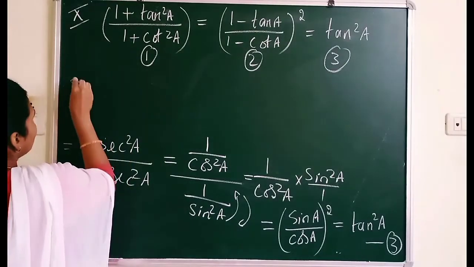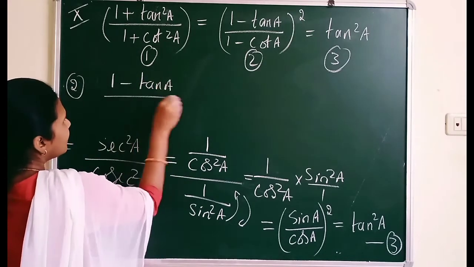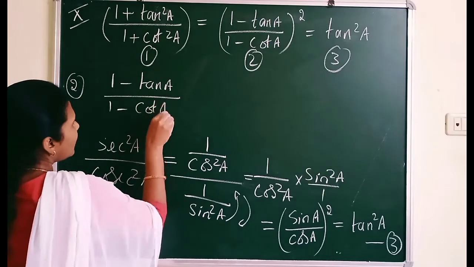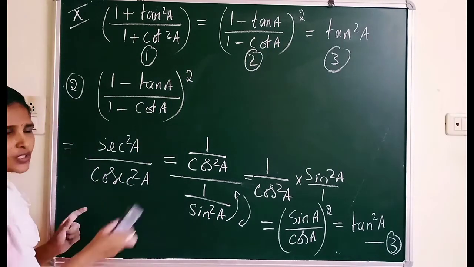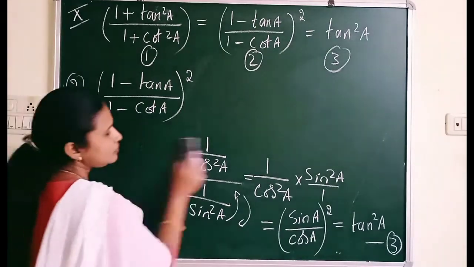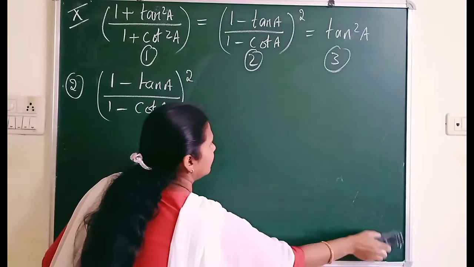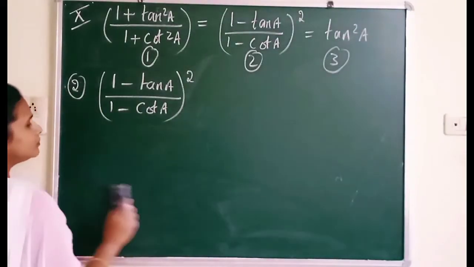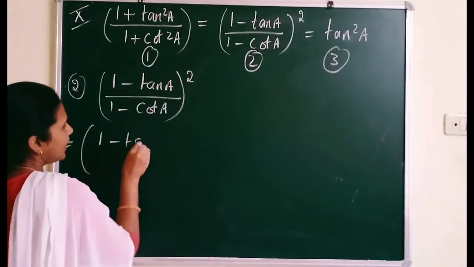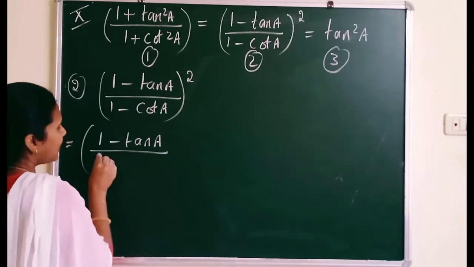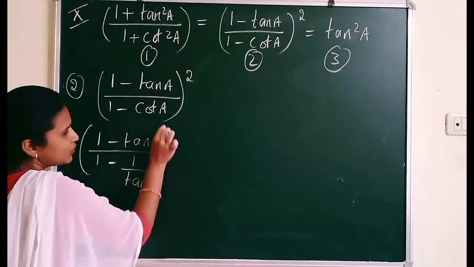Now let us take 2, that is (1 minus tan A by 1 minus cot A) whole square. So we have to prove this also as tan square A. Now you can write the numerator as it is, 1 minus tan A, divided by 1 minus cot A, where cot can be written as 1 by tan, because we need the tan term.